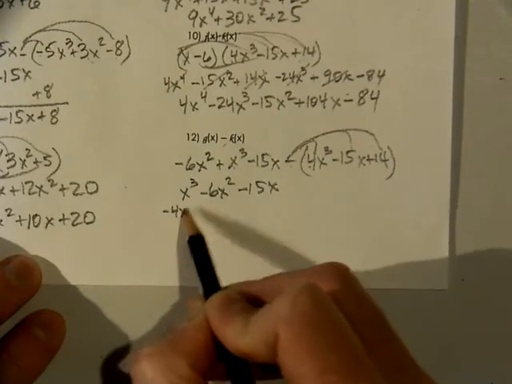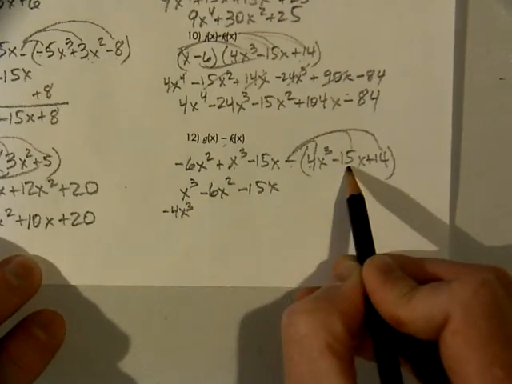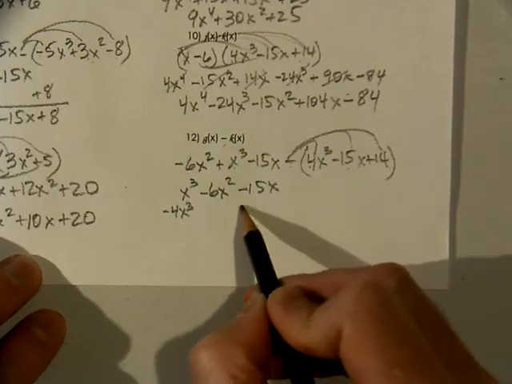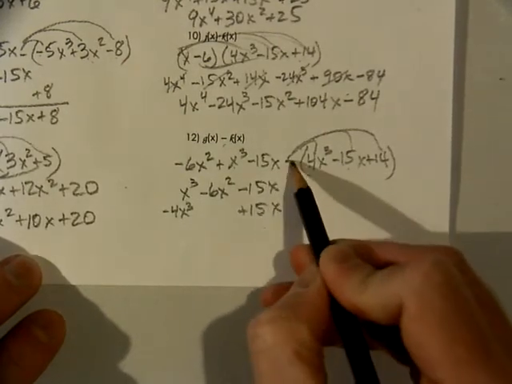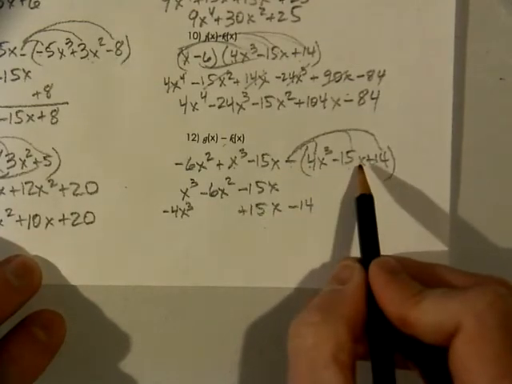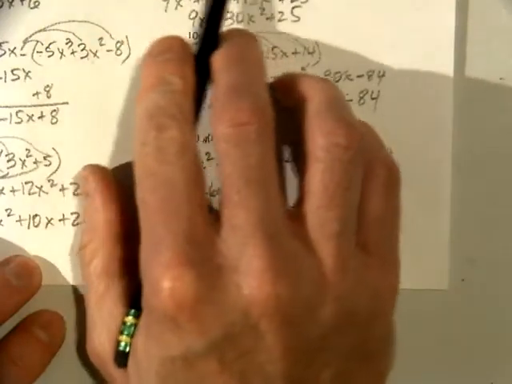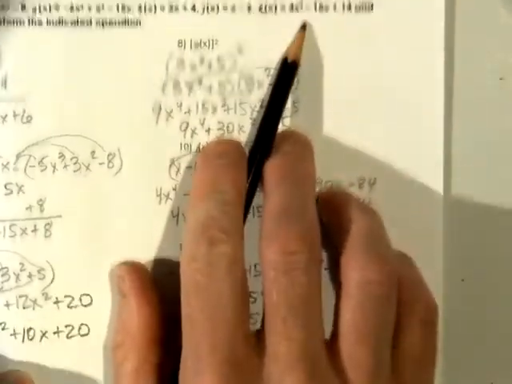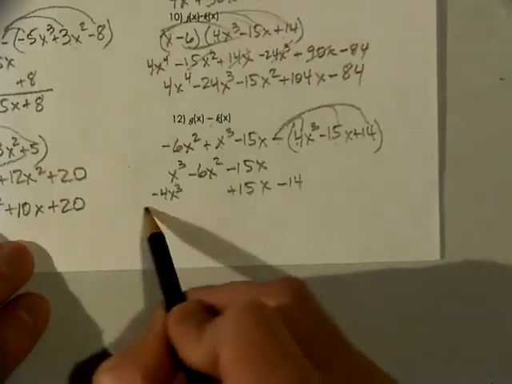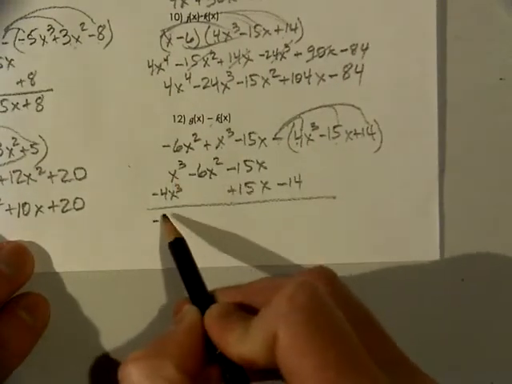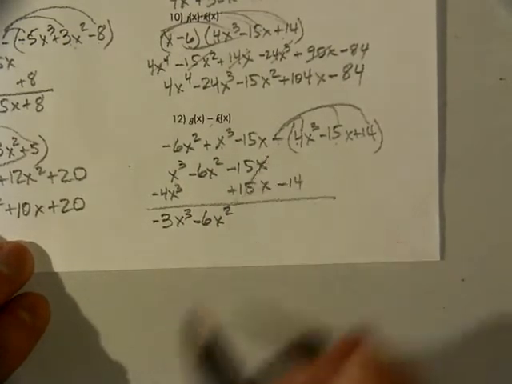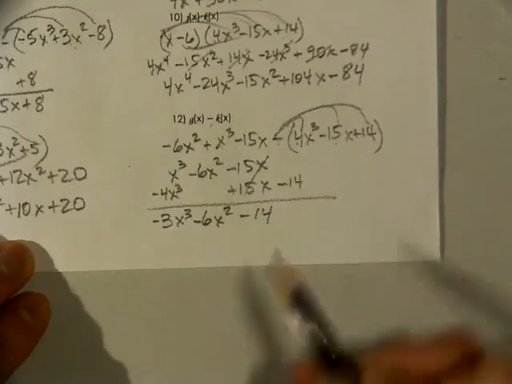I can put that underneath if I want. A negative 15, add positive 15x, and a negative 14. I don't have any x squareds involved with the k function. So this becomes negative 3x cubed minus 6x squared. They cross out completely. Minus 14.